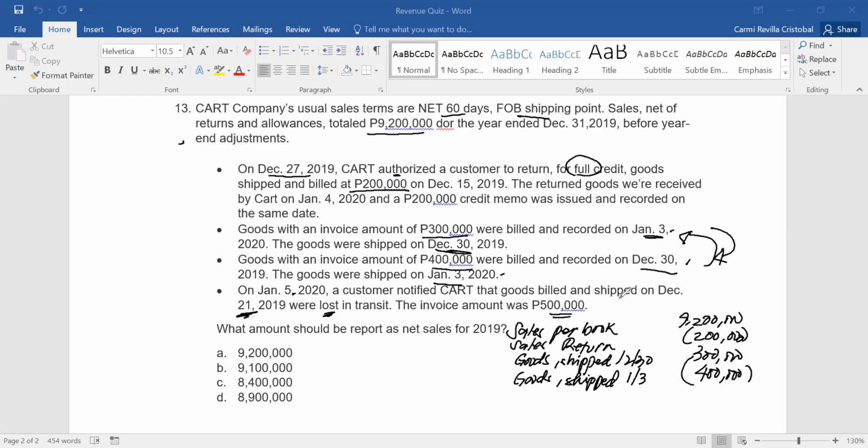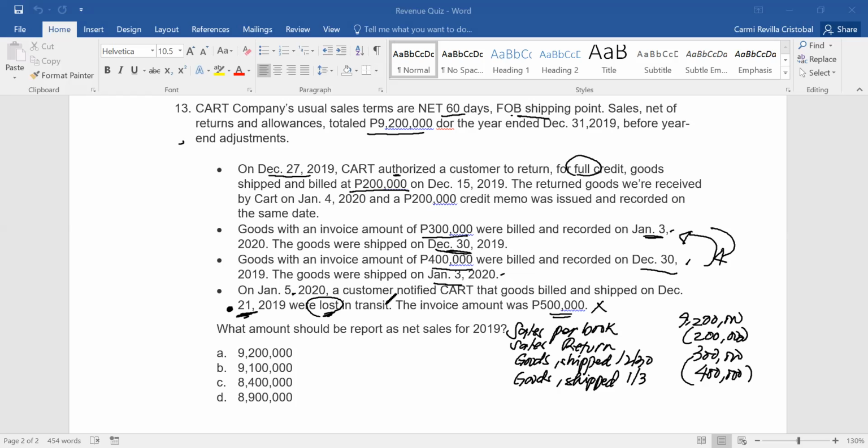The goods billed and shipped on December 21, notification yon pero talagang na-ship siya noong 21, were lost in transit. The invoice was amounting to 500,000. Is there an impact on your sales? There is none. Why? Look, FOB, shipping point. Kapag FOB shipping point, it is the customer that will suffer the loss since that is the agreed freight charges.